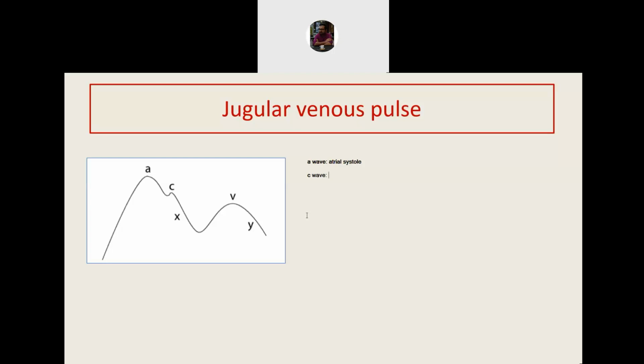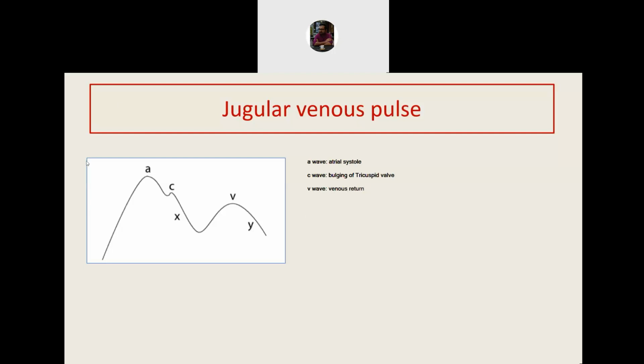The bulging of the tricuspid valve causes a further elevation of the pressure. So it is caused by bulging of the tricuspid valve at the beginning of ventricular systole. The V wave is caused by venous return. So when blood returns to the right atrium, the pressure rises. So it is caused by venous return.